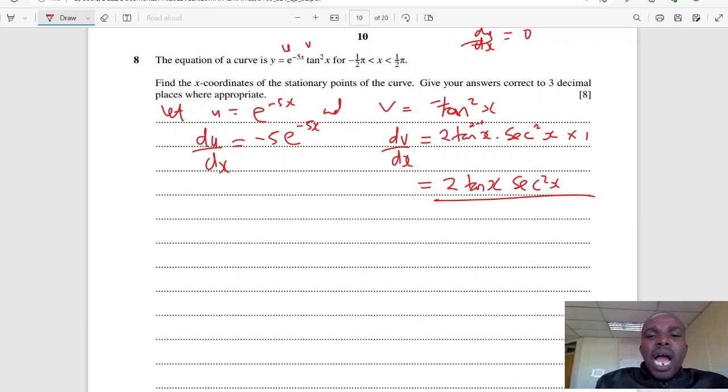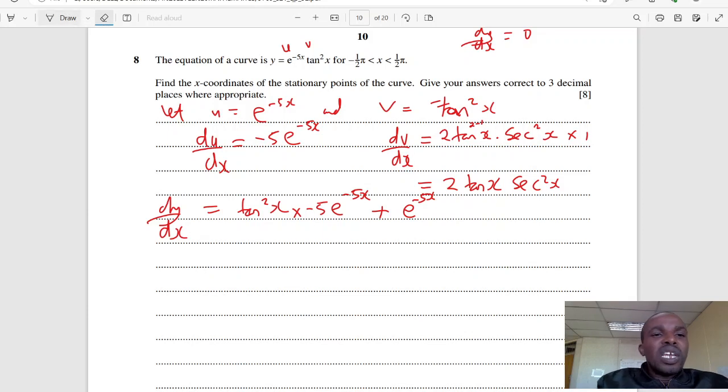Right, then our dy/dx will be equal to, what is my v? It is tan squared x times du/dx, which is minus 5 e to the power minus 5x, then plus u, which is e to the power minus 5x, times dv/dx, that is 2 tan x sec squared x.